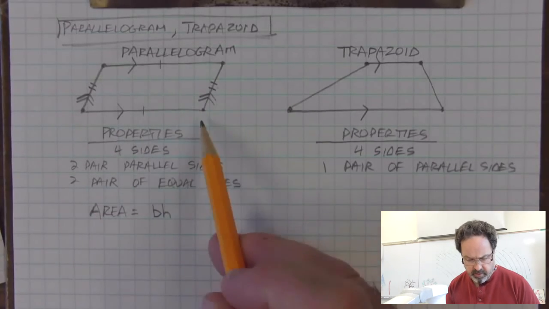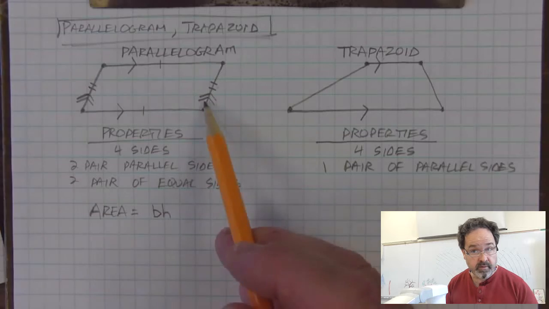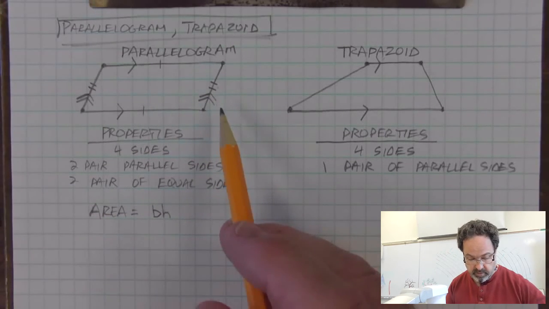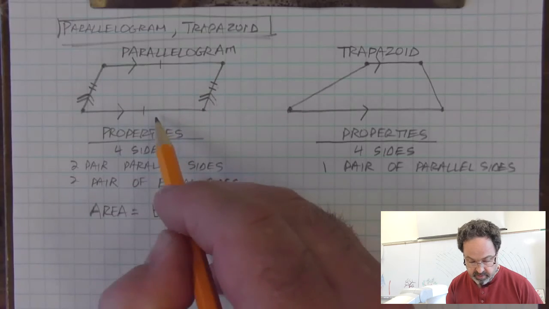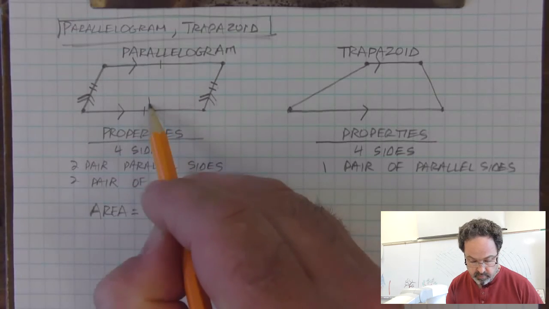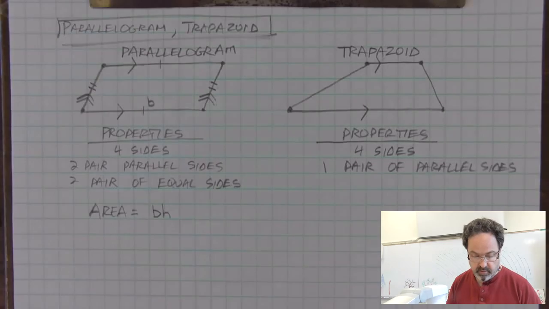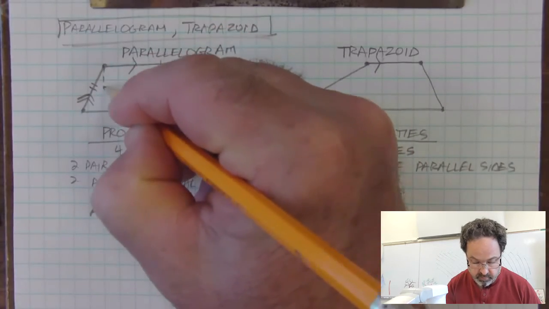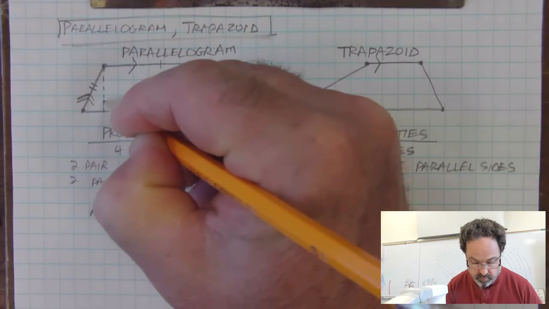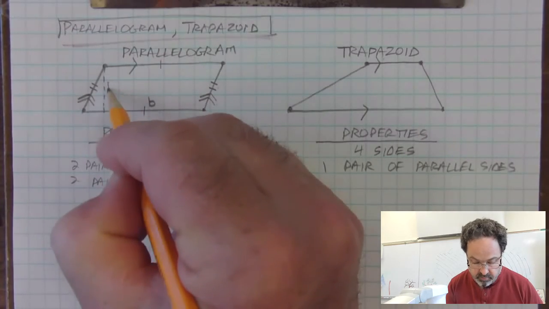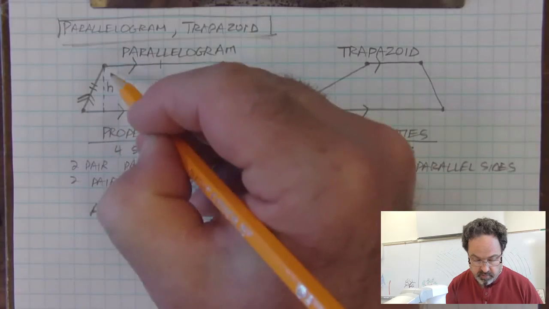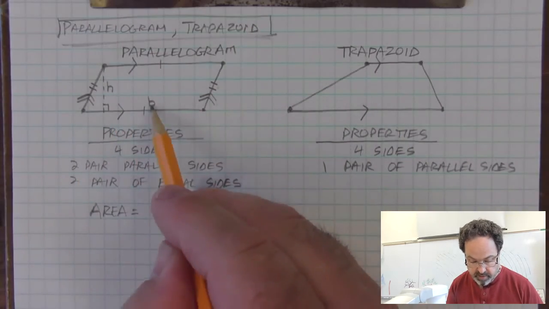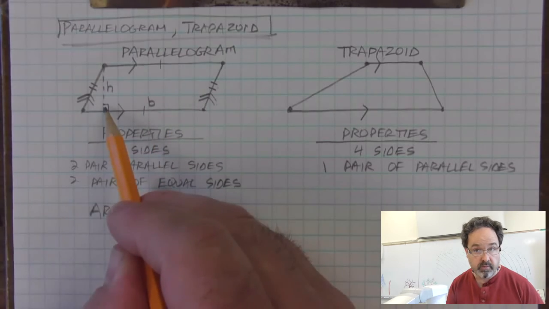But a parallelogram's height is not the same as one of its side measures. We could label one of the sides to be the base, call it B, but the height of a parallelogram, just like the height of a triangle, has to be the measure perpendicular to the base. So I've drawn a dotted line that meets this side that we've called the base at a right angle.